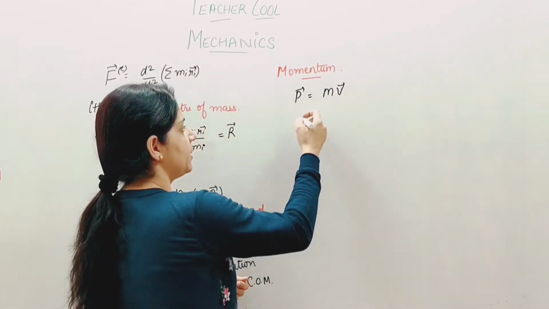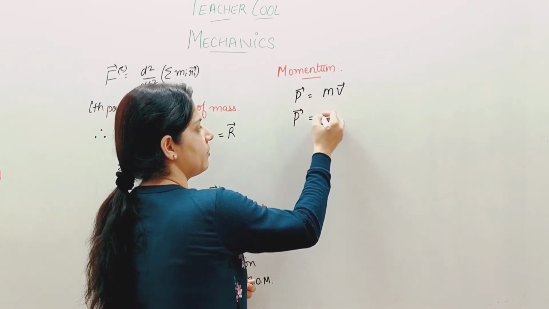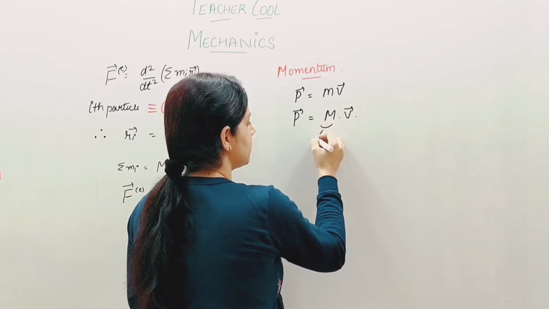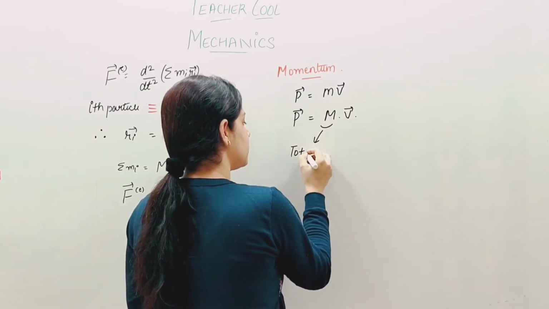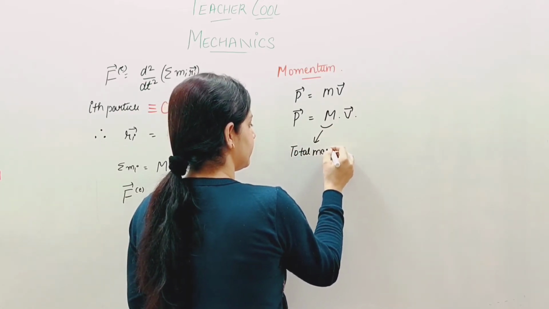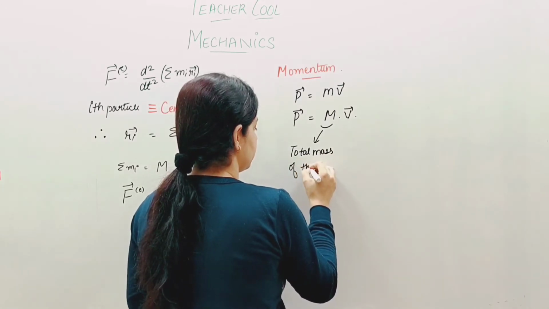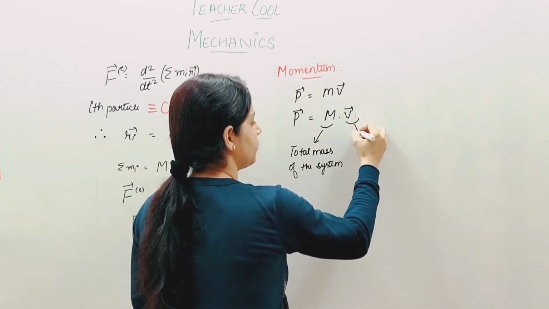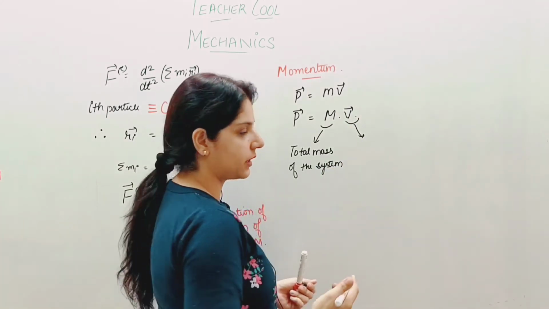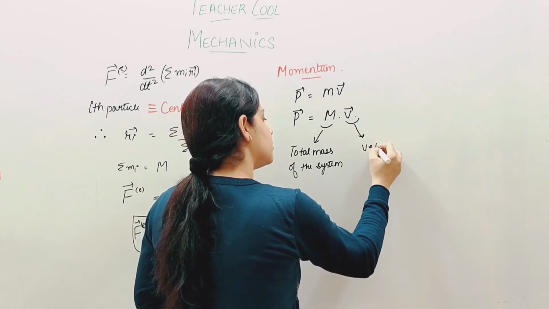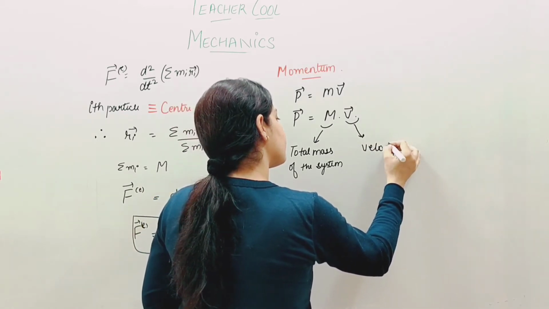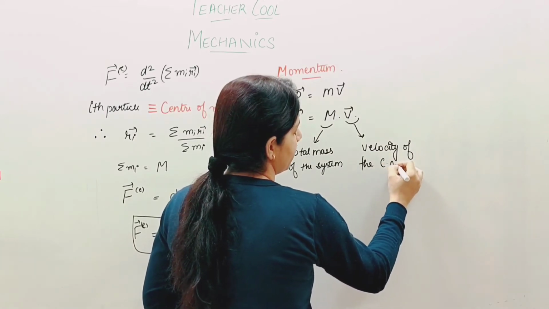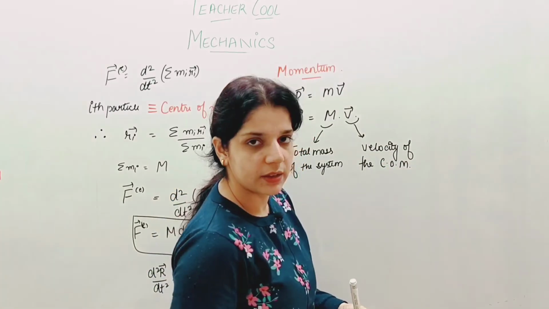So here the capital P will be capital M into capital V vector, where this is the total mass of the system, while this V vector, the velocity vector, will be the velocity of the center of mass or of the ith particle.